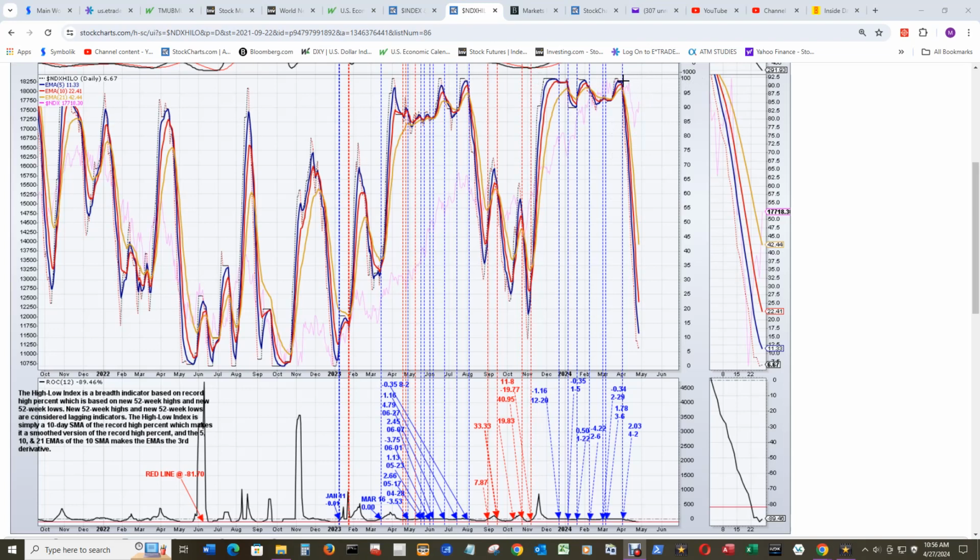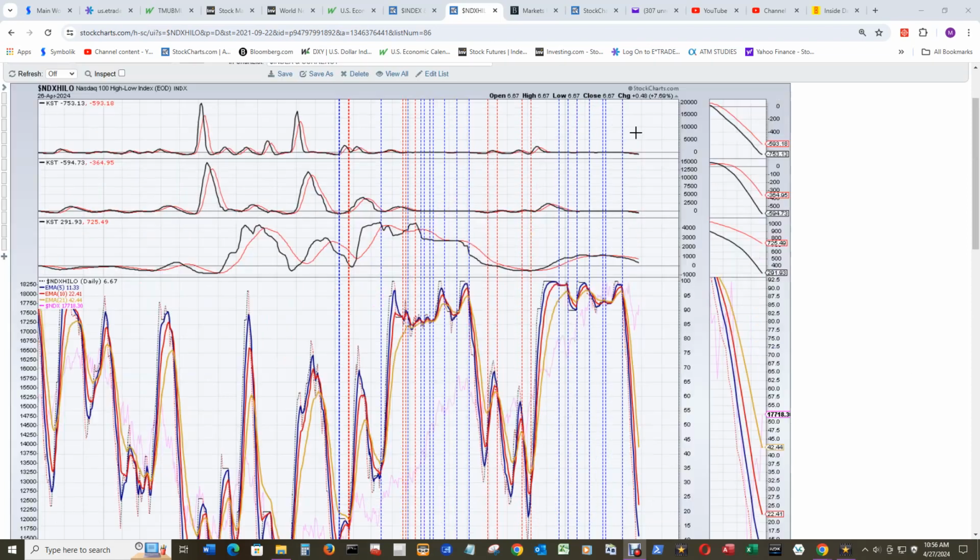So anytime you see it going flat like this at the top right there, then you know it went past 100 and it was really a show of strength, and then promptly rolled over and had a legitimate sell signal back on 4-2.